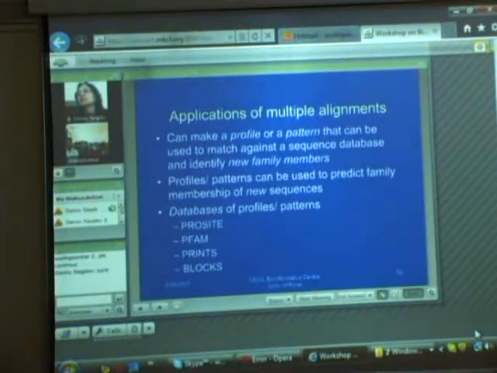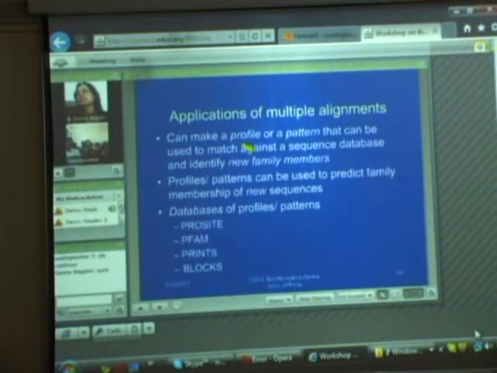Yet another advantage of having multiple alignments is that you can make a profile or a pattern out of the multiple sequence alignment, and a profile again is a highly powerful tool.